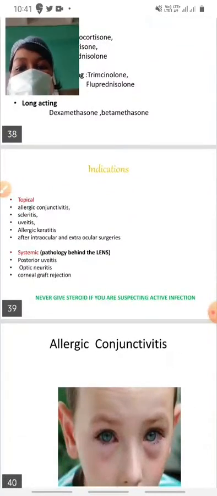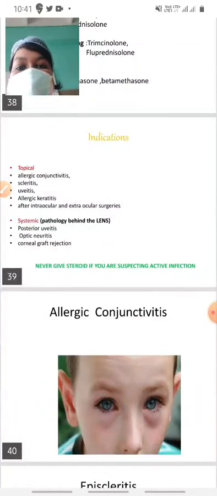So these are the various indications. Topically they can be given in cases of allergic conjunctivitis, scleritis, uveitis, keratitis, and during or after ocular surgeries.